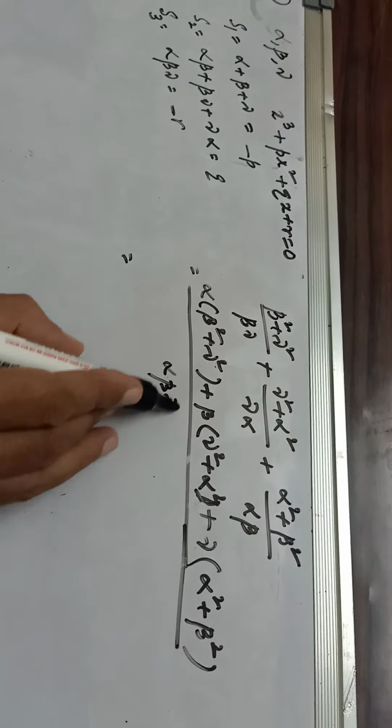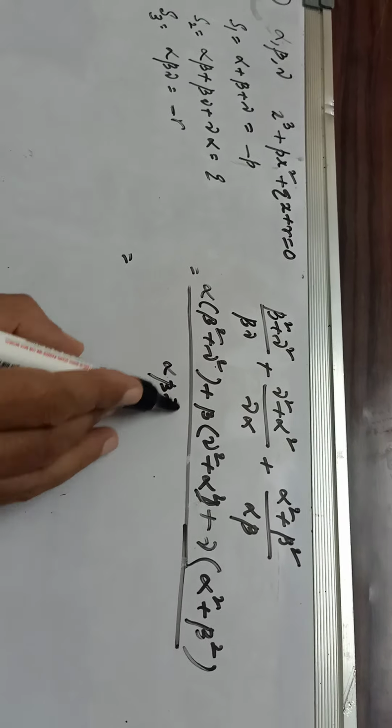This also can be written as minus 1 by r into alpha into this, beta square plus gamma square can be written as beta plus gamma whole square minus 2 beta gamma. Because in the expansion of this you will get plus 2 beta gamma, here minus 2 beta gamma is there, both of them get cancelled. Ultimately beta square plus gamma square will remain here.